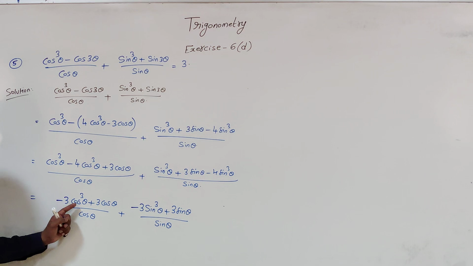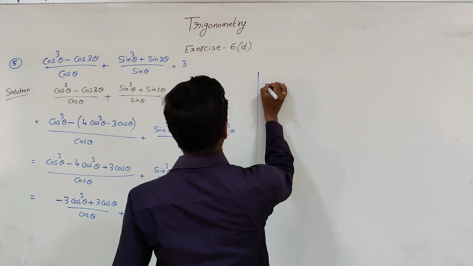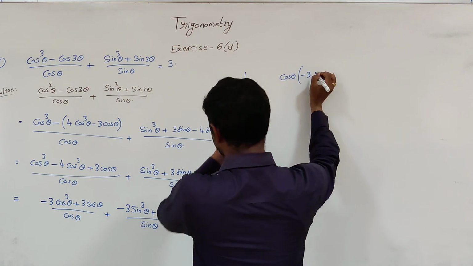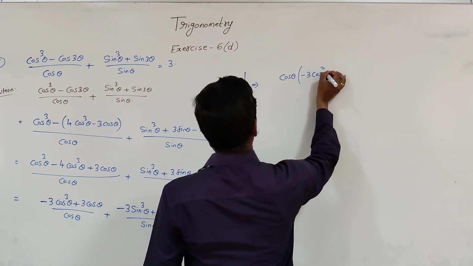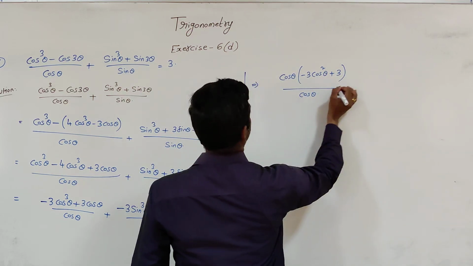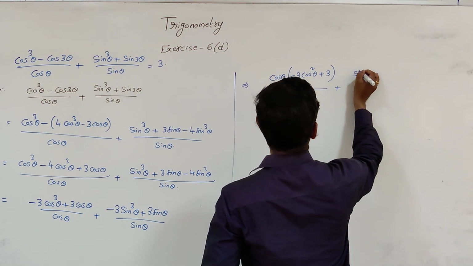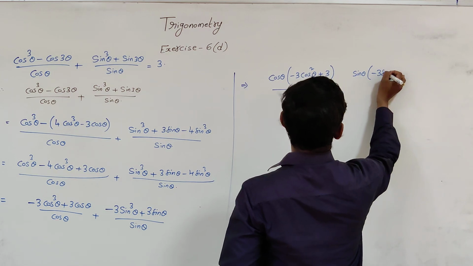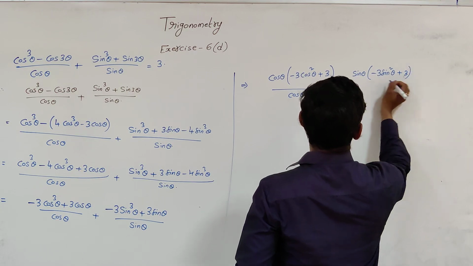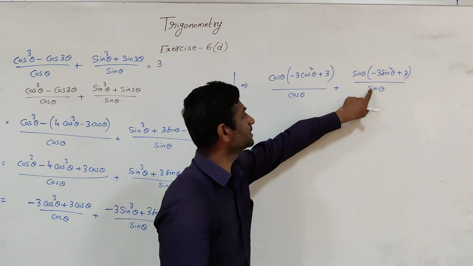Now if I take cos theta as common, it will be cos theta of minus 3 cos square theta plus 3, by cos theta. Again, if I take sin theta as common, it will be sin theta of minus 3 sin square theta plus 3, by sin theta. So cos theta gets cancelled and sin theta gets cancelled.